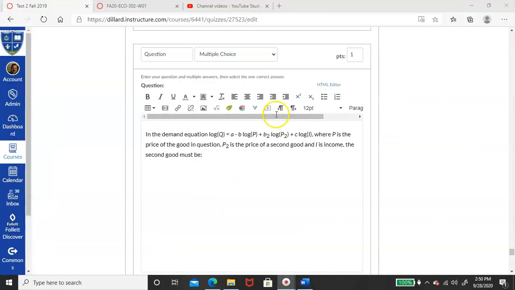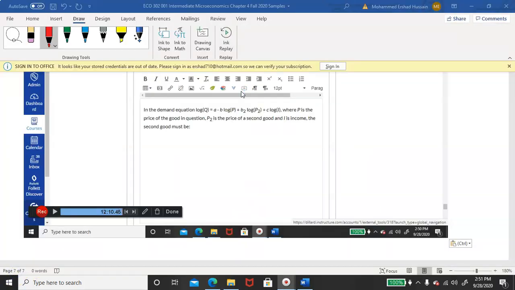Okay. So now let us take a look at this one. This problem is telling us that the demand equation is log Q = A - B log P + B2 log P2 + C log I. Q is demand, A is the intercept, B is the coefficient for the variable P, B2 is the coefficient for variable P2, and C is the coefficient for income I. P is the price of the good in question, P2 is the price of the second good, and I is income.